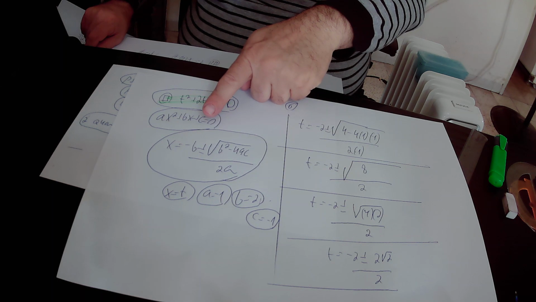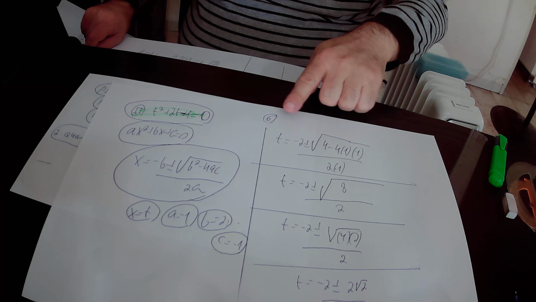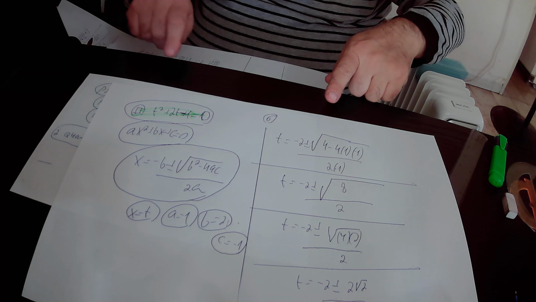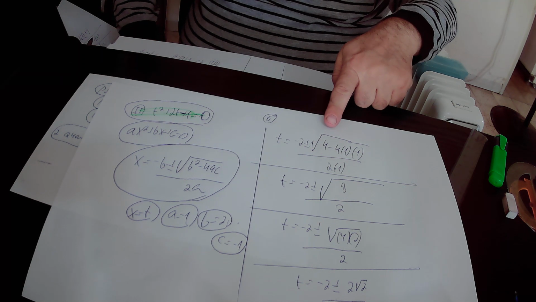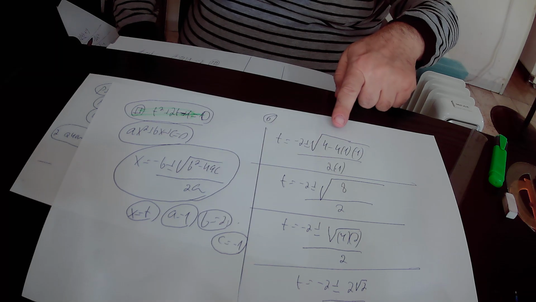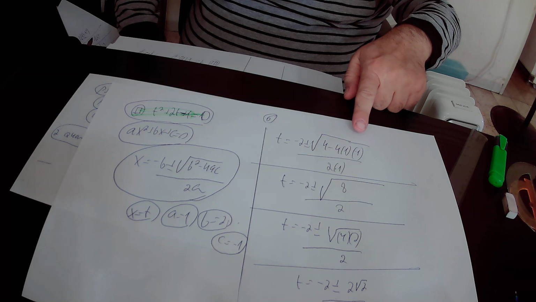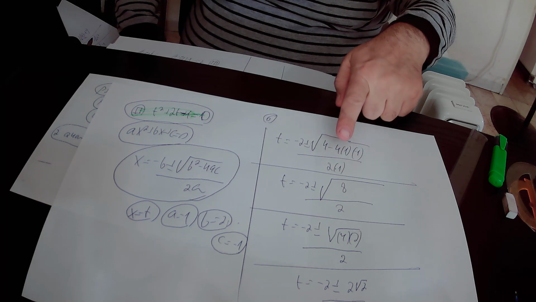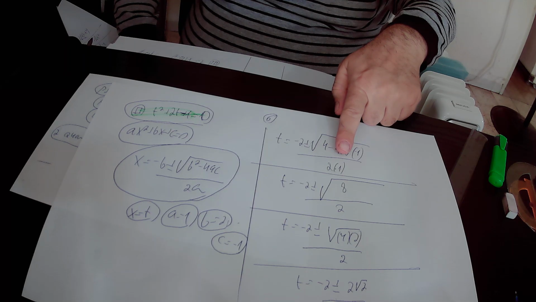So t equals minus b; b is 2, therefore minus b is minus 2, plus or minus the square root of b squared. b is 2, therefore b squared is 2 squared, which is 4, minus 4 times a, which is 1, times c, which is minus 1, over 2 times a, which is 2 times 1.